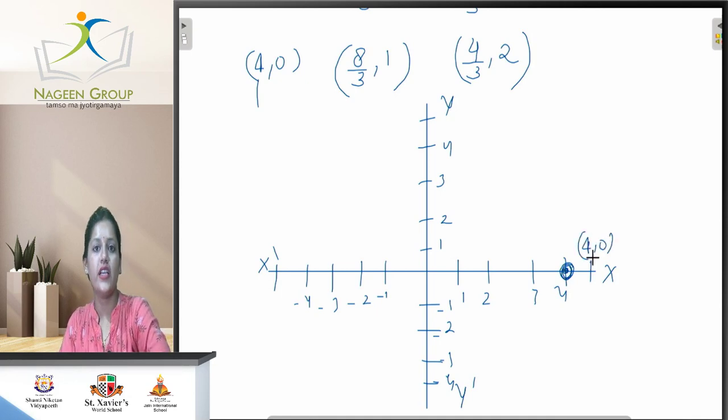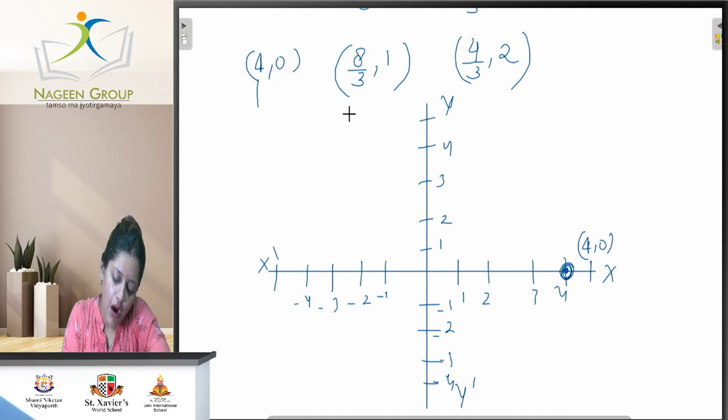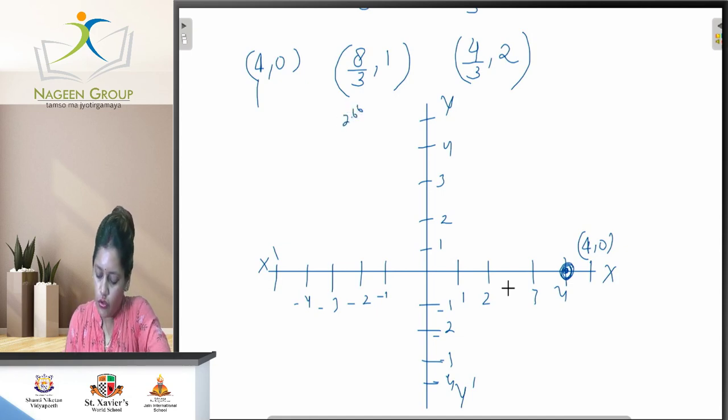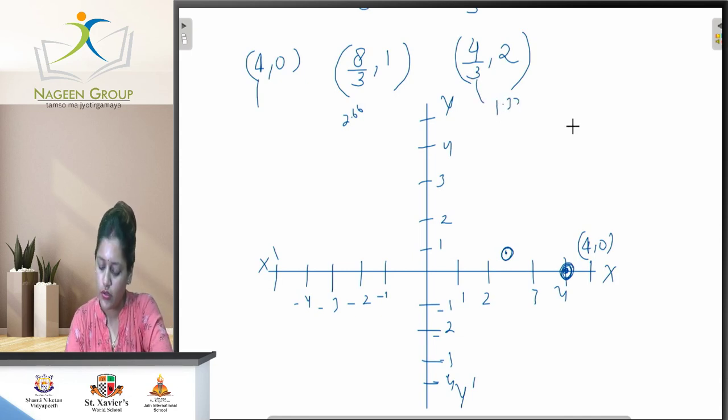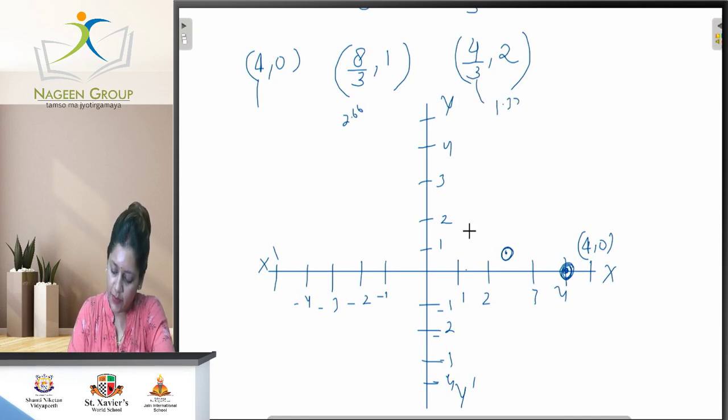Another point is (8 by 3, 1), so the point lies at 8 by 3, about 2.66, something here. And the other one is (4 by 3, 2), that is 1.33 and 2, so the point lies something here.